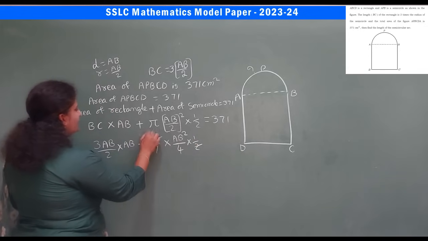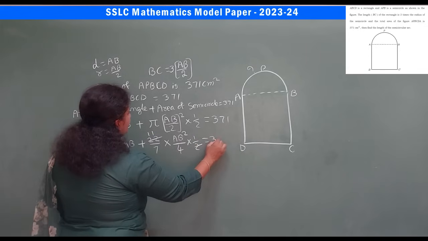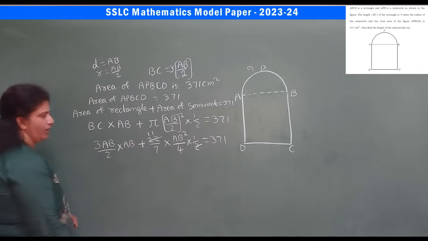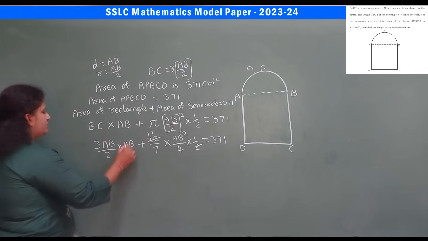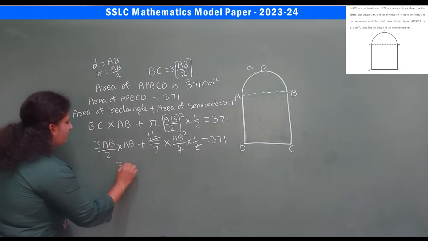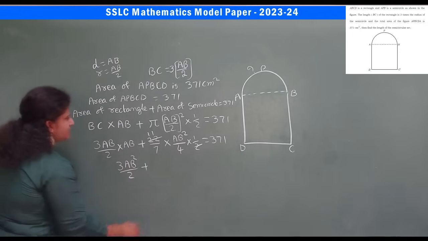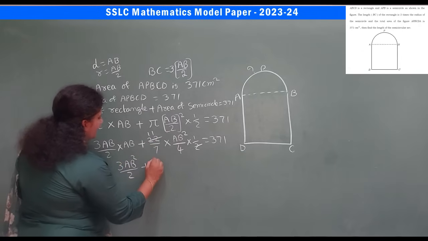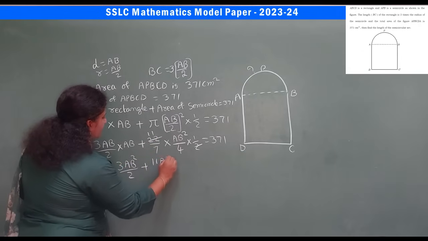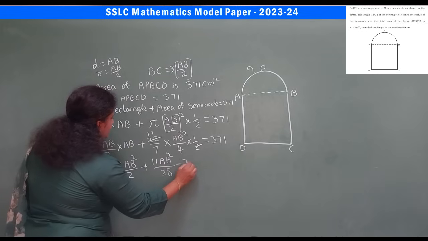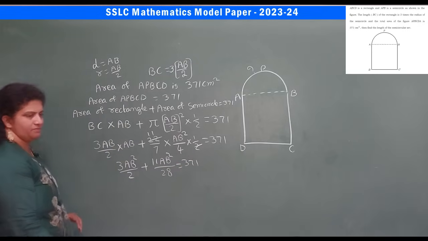Here 2 11s are 22, you can cancel. This equals 371. 3 AB into AB will be 3 AB square by 2, plus 11 AB square by 28, is equal to 371.